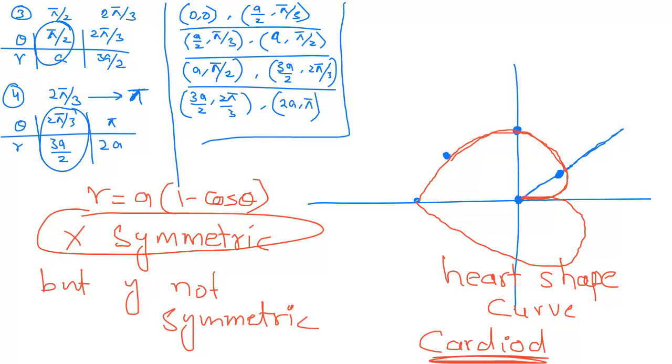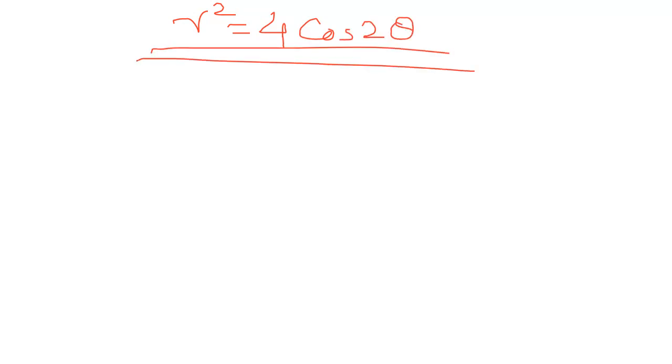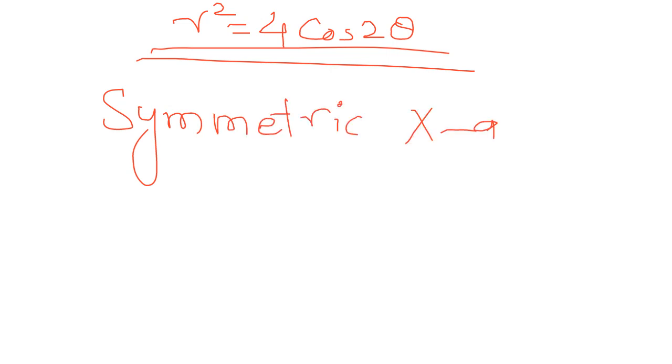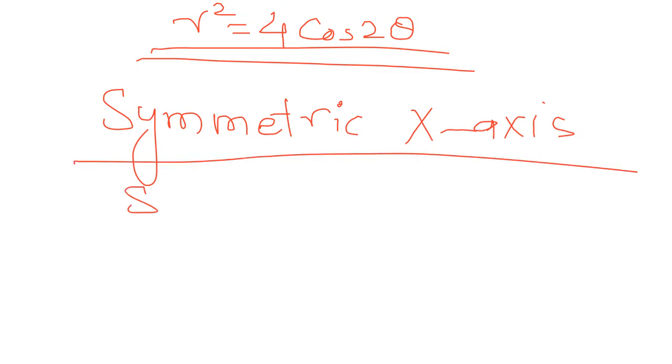Now the last one, you have to tell me: this function r square is equal to 4 cosine of 2 theta. Is it symmetric along x-axis, or symmetric along y-axis, or both? Can you tell me?